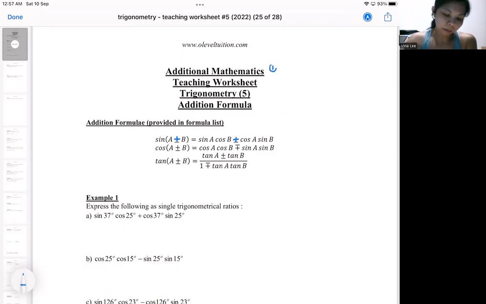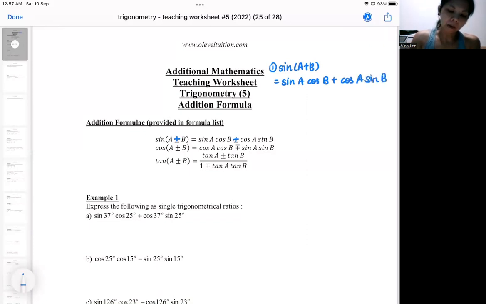For example, this one comprises sine A plus B. Sine A plus B will be sine cos, cos sine. I always remember by the function sine cos cos sine. If it's sine A plus B, it starts with sine.